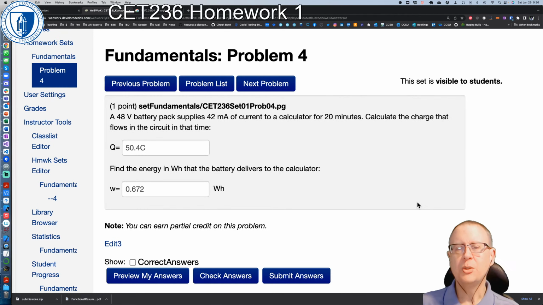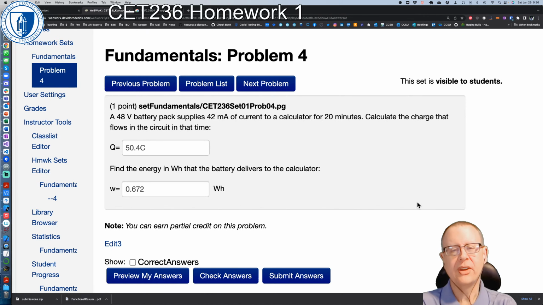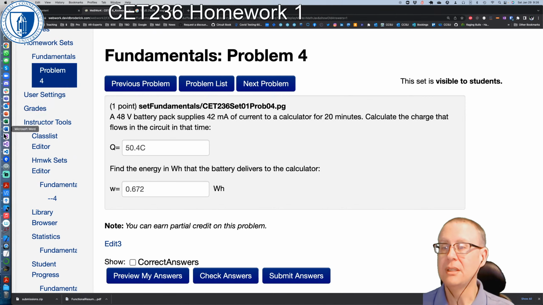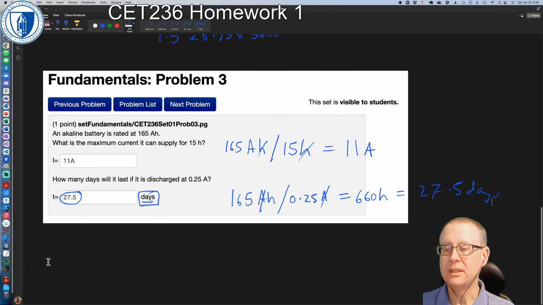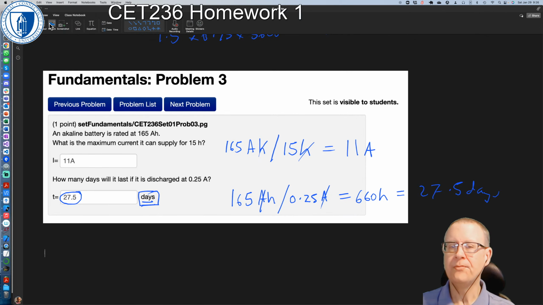A 48 volt battery pack supplies 42 milliamps of current to a calculator for 20 minutes. Calculate the charge that flows through the circuit at that time. Find the energy in watt hours that the battery delivers to the calculator. Okay, so let's go back here and insert the next picture.